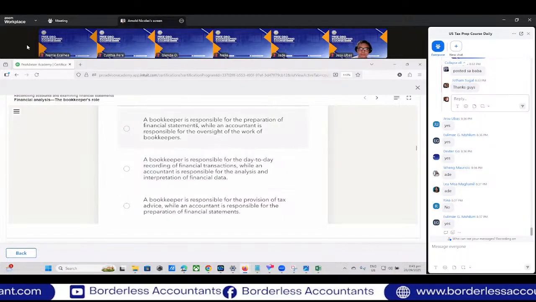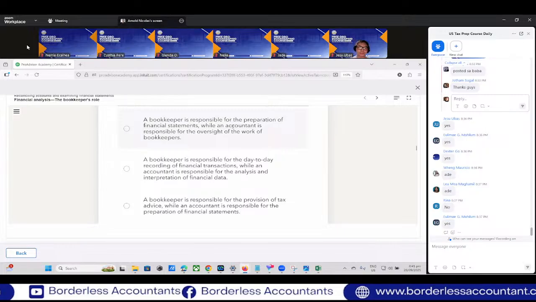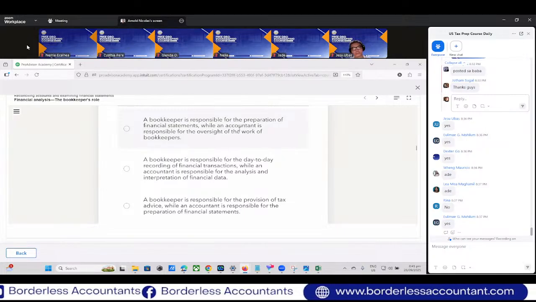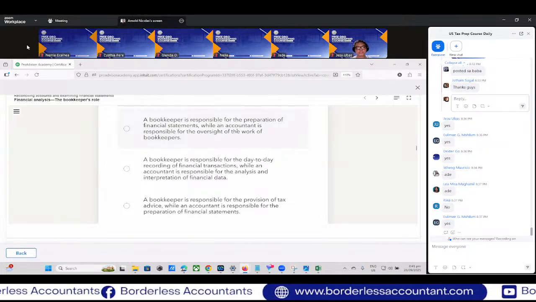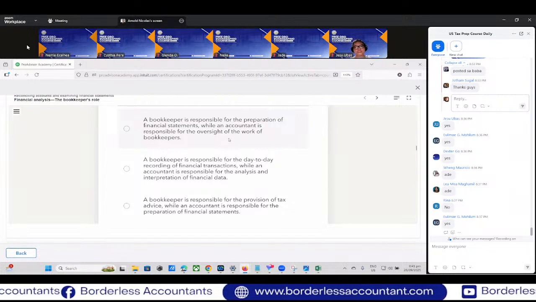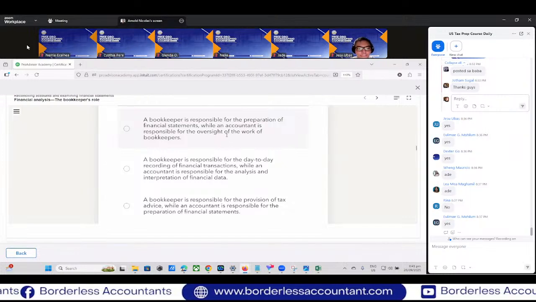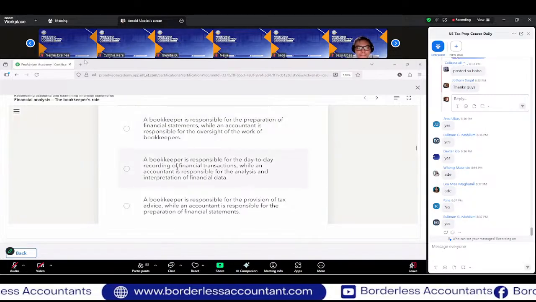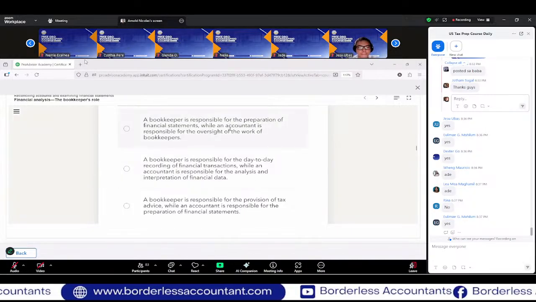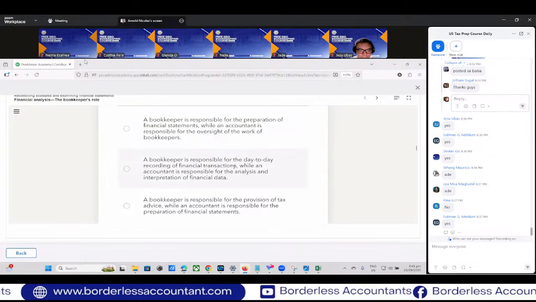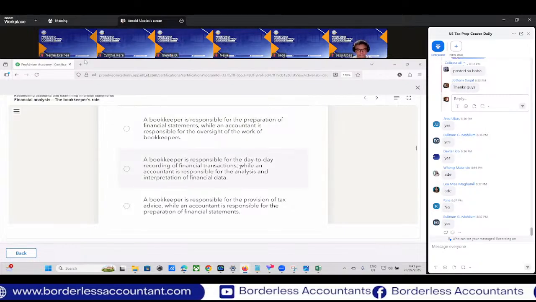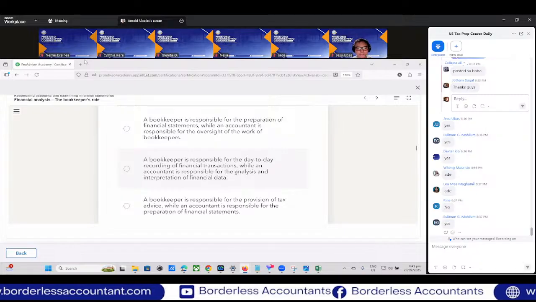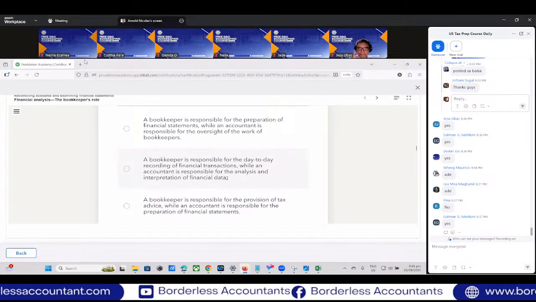First part, yes. The second part is no. The accountant, unless assigned, doesn't normally do oversight for bookkeepers. The second is a bookkeeper is responsible for the day-to-day recording of financial transactions. That's correct. While an accountant is responsible for the analysis and interpretation of financial data.